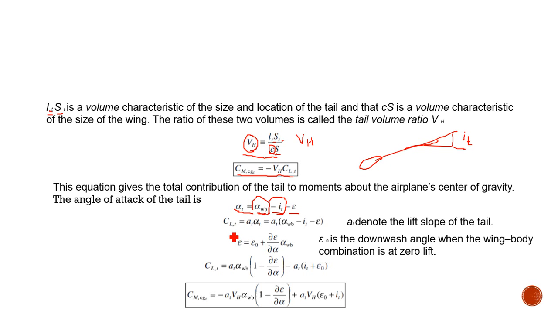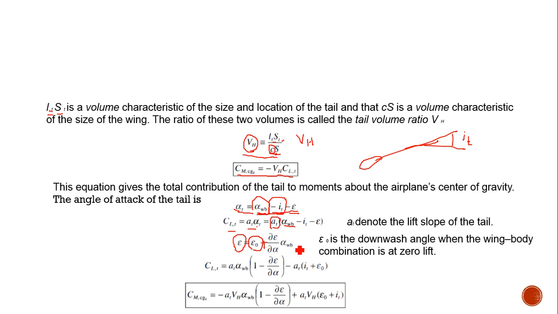So CLT equal to AT into alpha T, where AT is the lift curve slope of the tail, and alpha T we can substitute here. Also we know the downwash of the tail is equal to the downwash of the wing body combination, that is epsilon equals epsilon 0 plus dou epsilon divided by dou alpha into alpha WB.